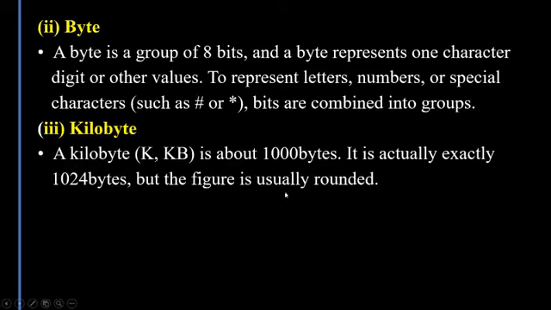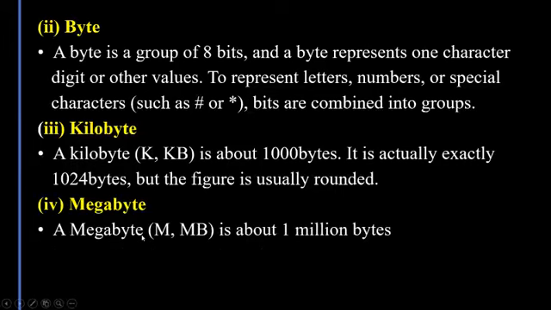The figure is usually rounded, but you don't round. Just know that when we make conversions, try to use these units: 1024. Rounding may not do you good. So, a megabyte.